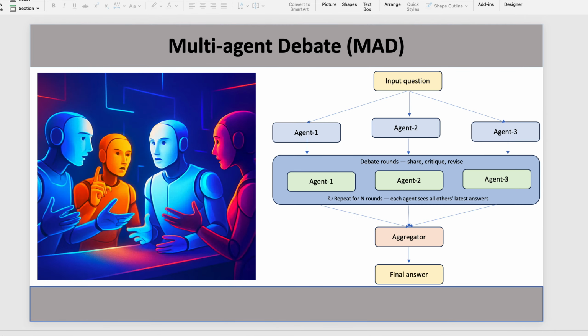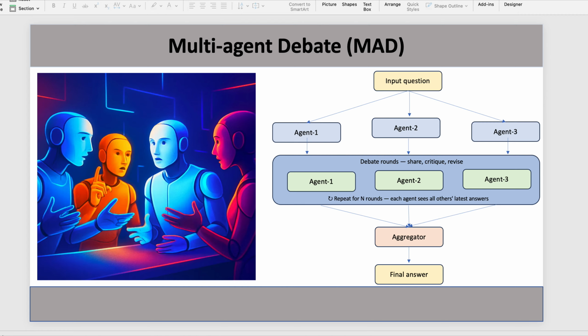So, as I already mentioned, in our use case we are going to use the multi-agent debate, MAD. Here there are many agents like agent 1, agent 2, agent 3. The input question is given to several AI agents at the same time, and each one comes up with its own initial answer independently.